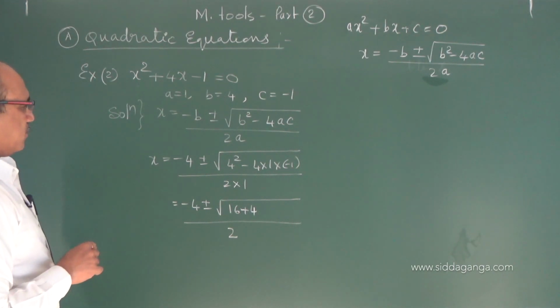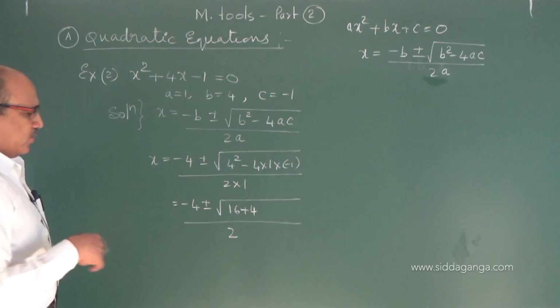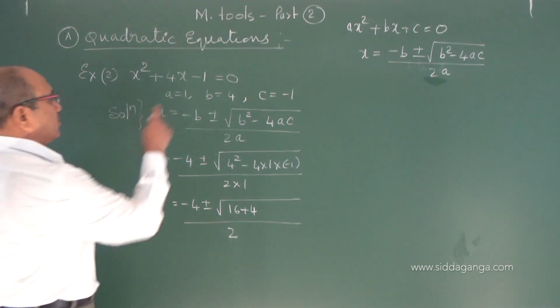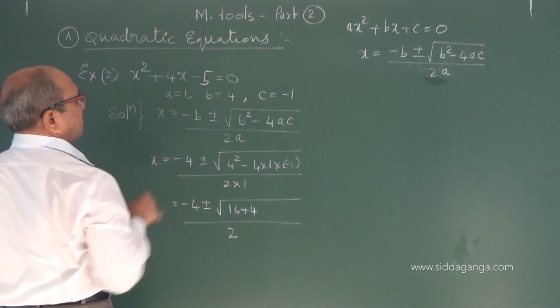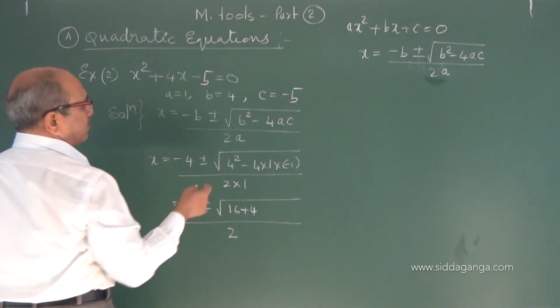x² + 4x − 1. So that is root 20. Let us see the problem with −5 instead of −1. Instead of 4, let us take 5, so that it becomes easier to get the simplification.